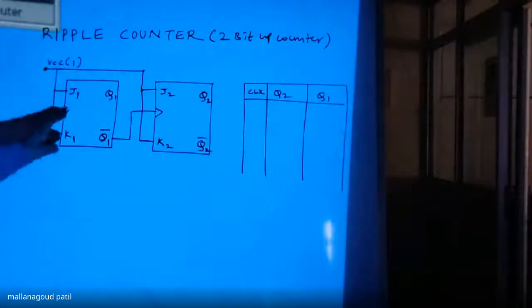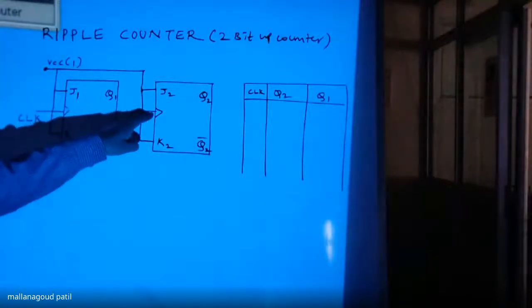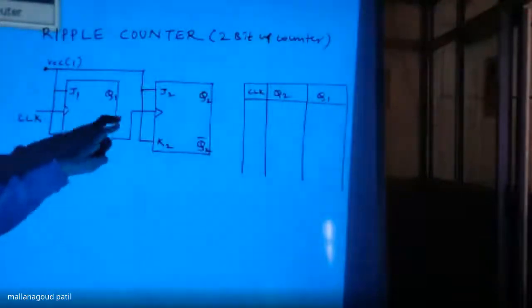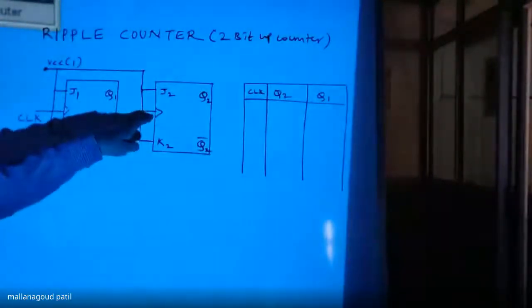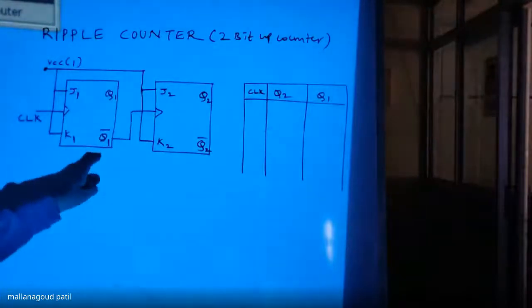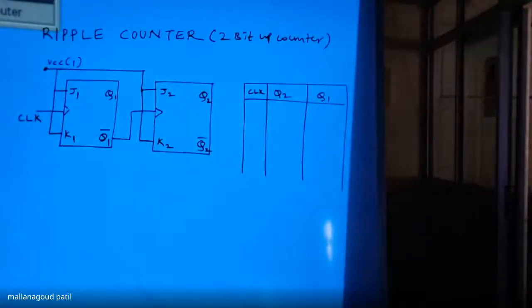If it is a positive edge up counter, Q1 bar is connected. For a down counter, Q1 is connected. If it is negative edge, shown with a bubble, then for the up counter Q1 is connected, and for the down counter Q1 bar is connected.